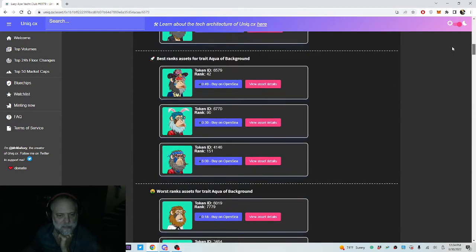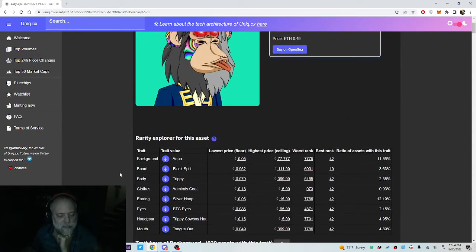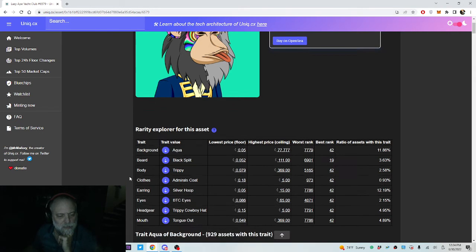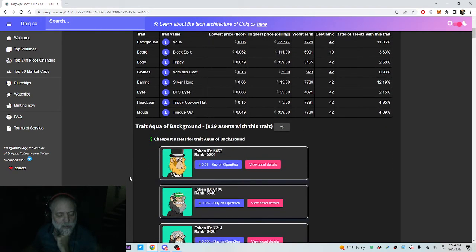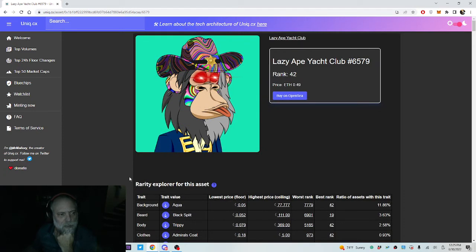And like I said, it's simply for checking out different assets and seeing where you should list or what the best value is. This is a really good one if you're looking for specific values to jump into. That's pretty much all of Uniq's website.